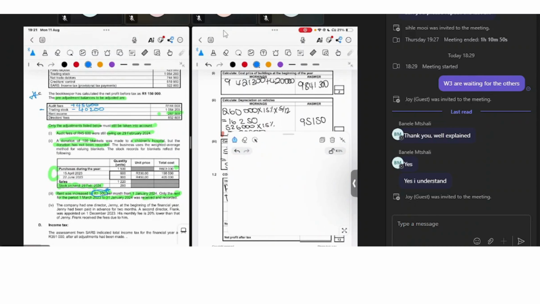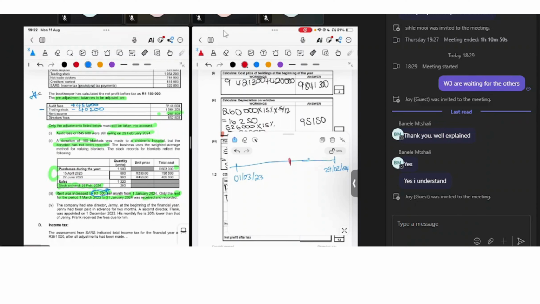So if you see it here, with our previous timeline, it would have been the same thing. Just redraw that calculation. We have the 1st of March 2023, and our year ends on the 29th of February 2024.